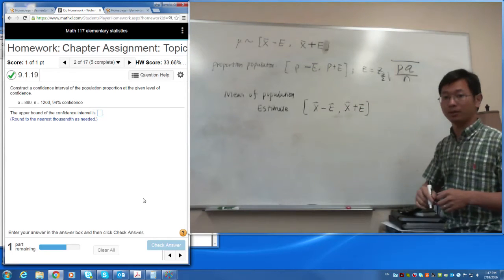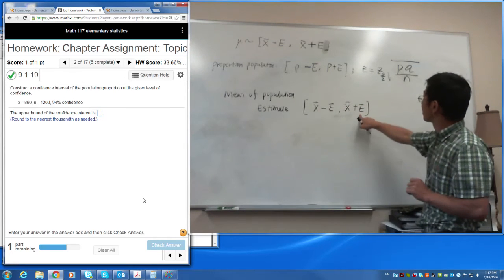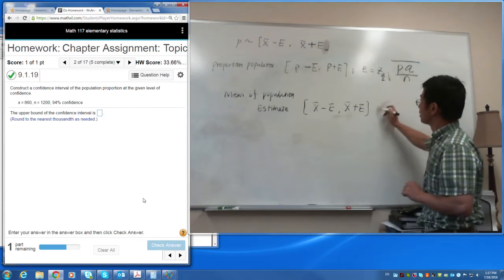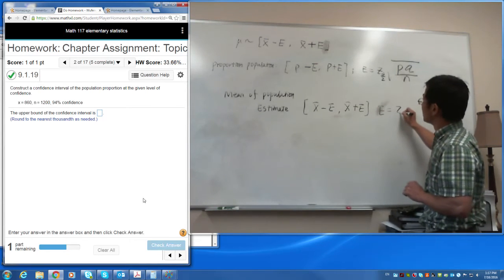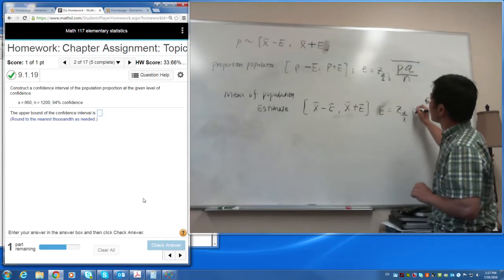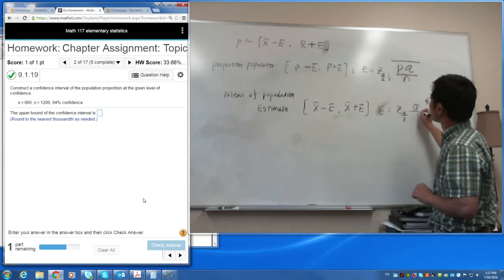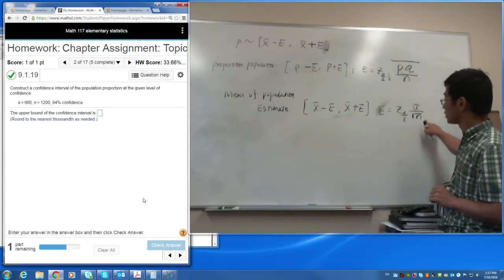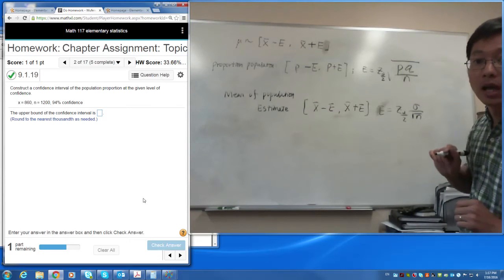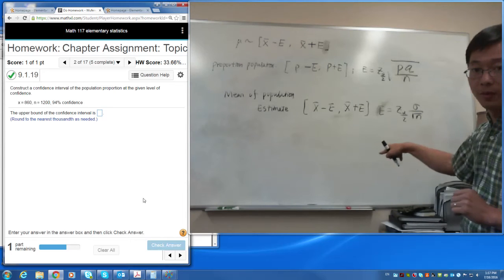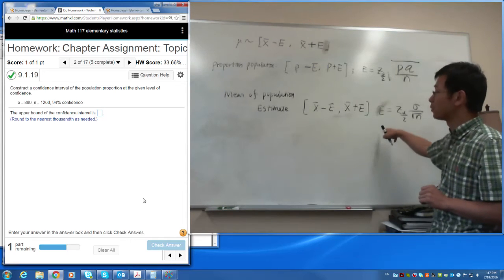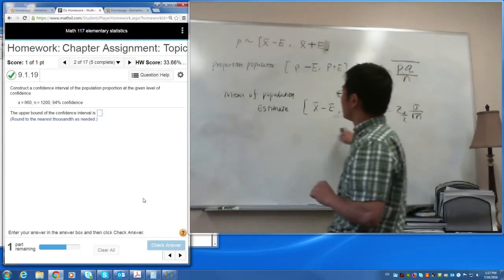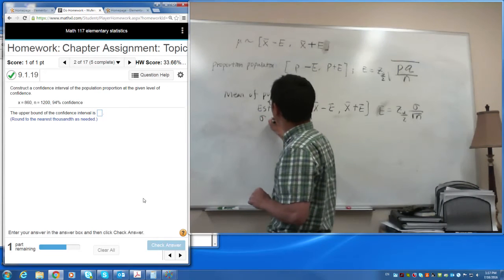Pretty simple, but the error is different for this one. The only difference is the E. The error here is Z alpha over 2 times sigma over the square root of N. I want you to write down the formulas. Whenever you have a problem like this, you choose the formula to use. This one is for sigma known.